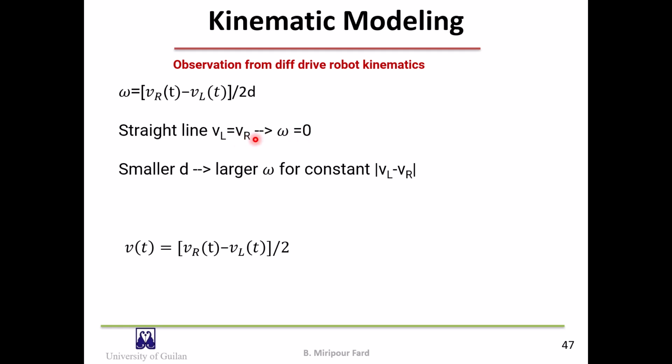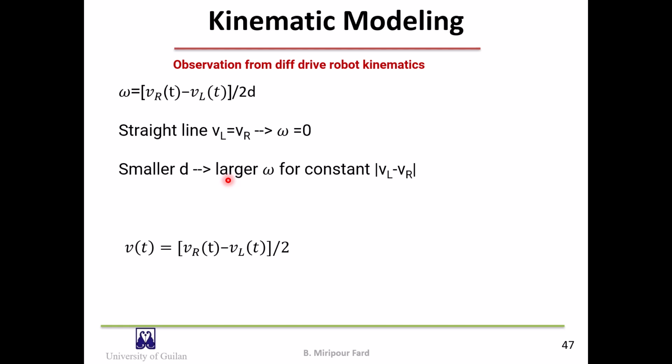It can also be seen from this relation that, for a certain difference between VL and VR, a smaller value of D leads to a higher angular velocity for the robot. So the dexterity will be enhanced in this case.